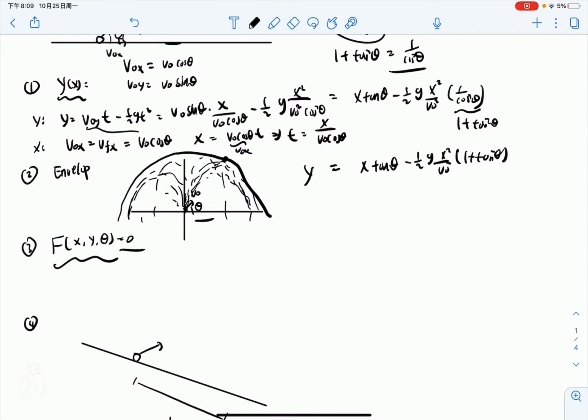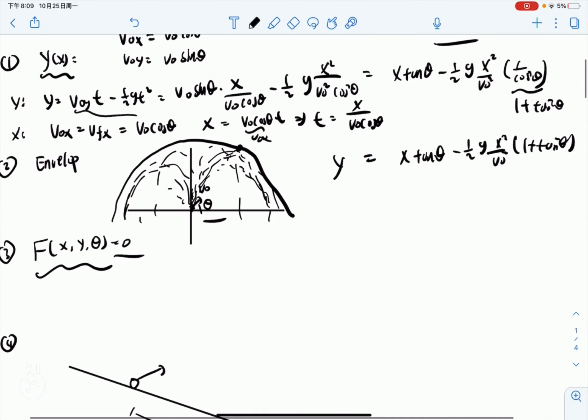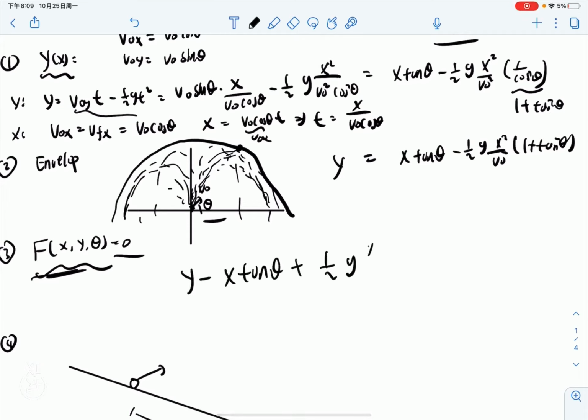This is describing all the curves. This can be written in the form y minus x tangent theta plus g x squared over 2 v0 squared plus this.